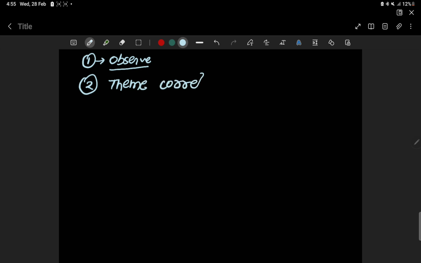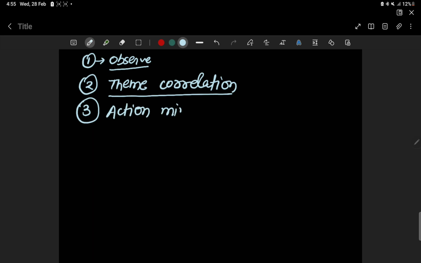Now briefly covering the whole thing I told you in the video: the first thing is to observe the picture carefully, then theme, correlation, then your action, mind map.